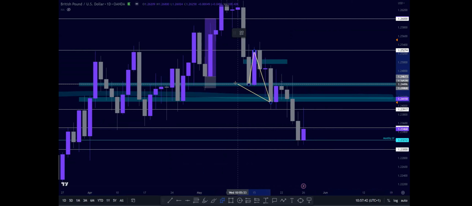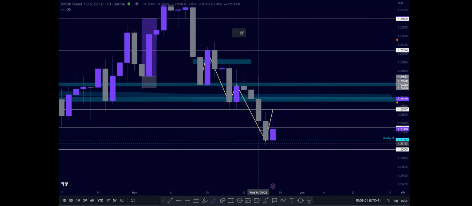So around this area of 1.25, as we can see, a lot of resistance stopping price going up through that area. And then as soon as we've established resistance there on the daily, price has broken through this area, which was established as support. And now we've seen this retest here.